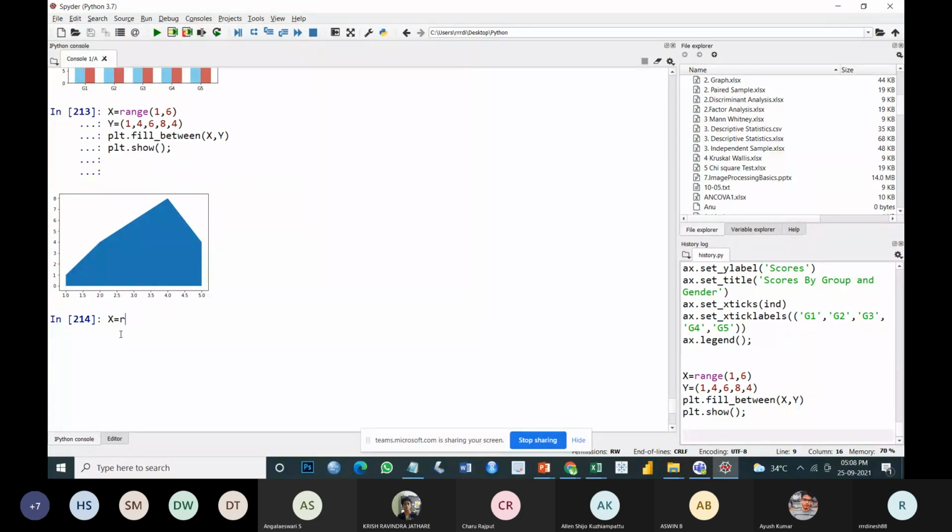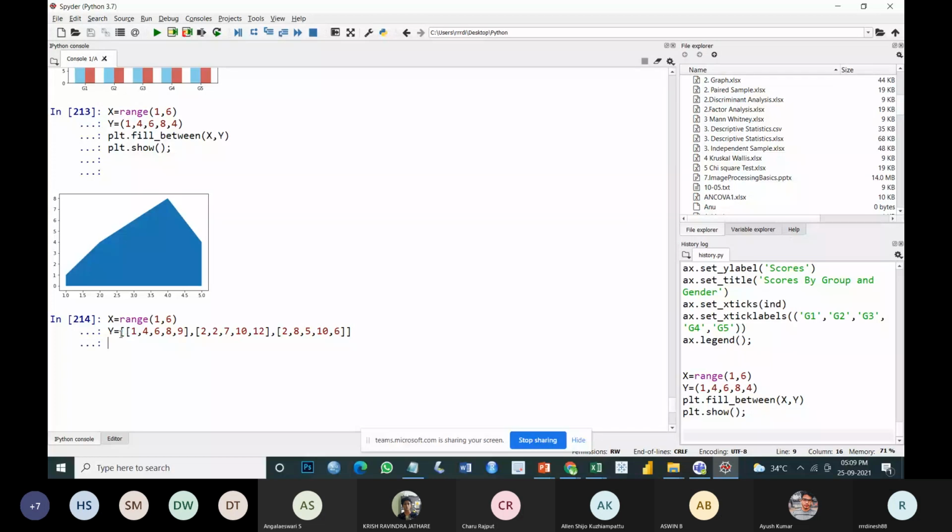Then x equal to range of 1 comma 6. Then y equal to 1 comma 4 comma 6 comma 8 comma 9. 2 comma 2 comma 7 comma 10 comma 12. 2 comma 8 comma 5 comma 10 comma 6.